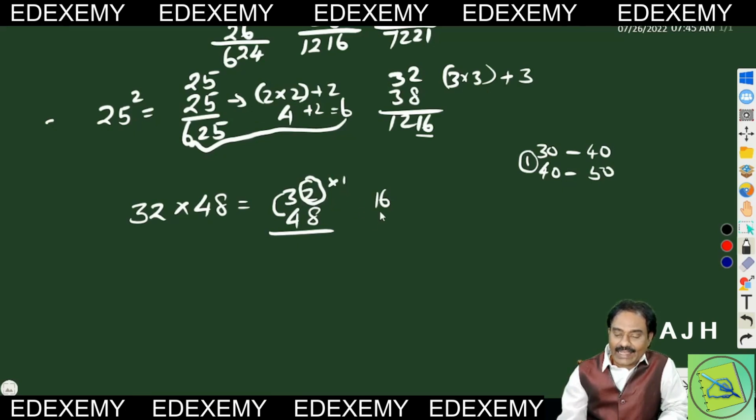So 2, you can write it as 20. Therefore, 36 will be the last two digits. Okay, follow me carefully. So here the last two digits will be 36. Now it is easy to find the other digits, the same method we have previously followed.